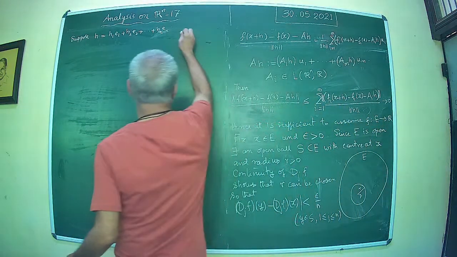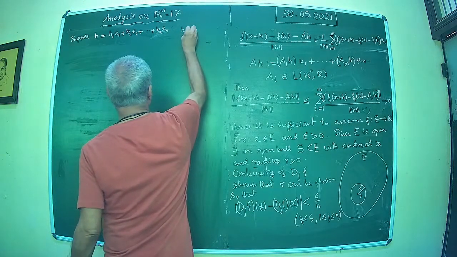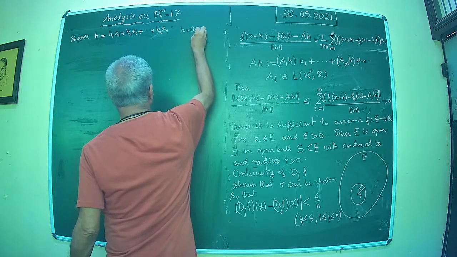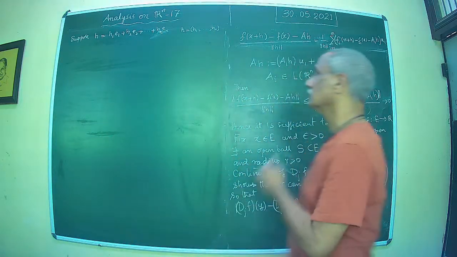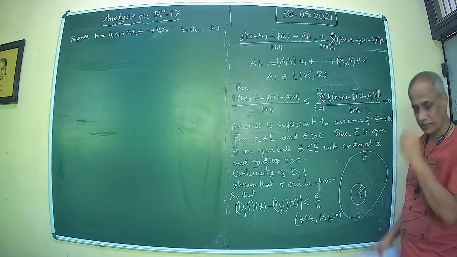That is our conventional notation. h is the vector h1, h2, etc.